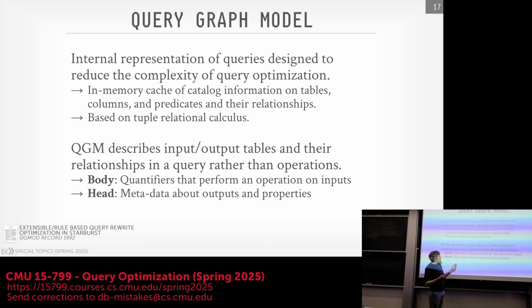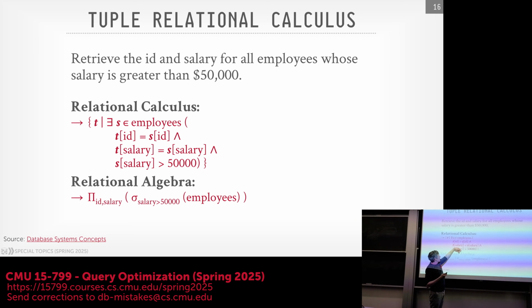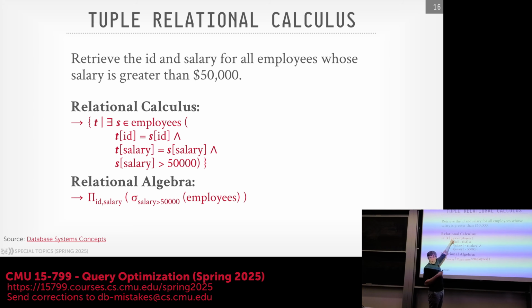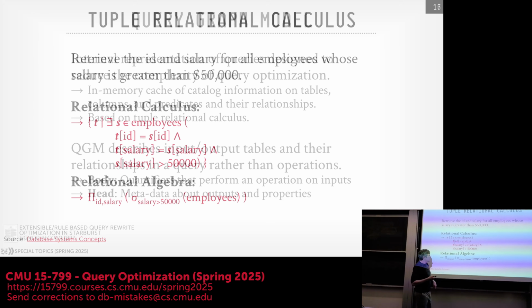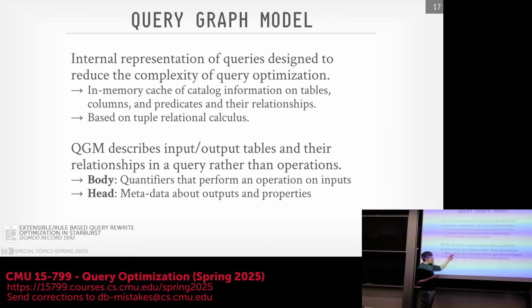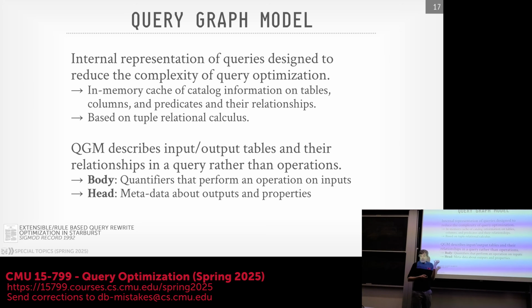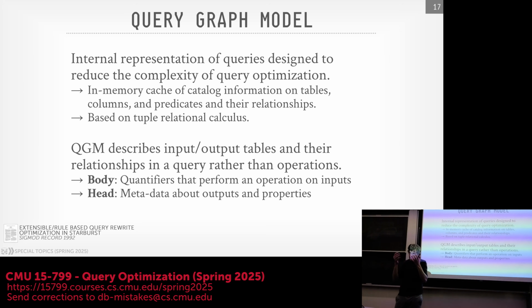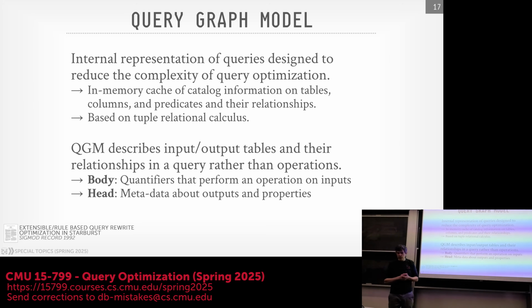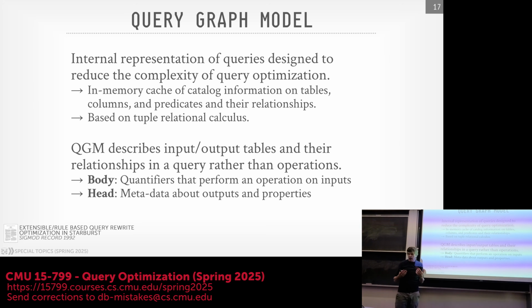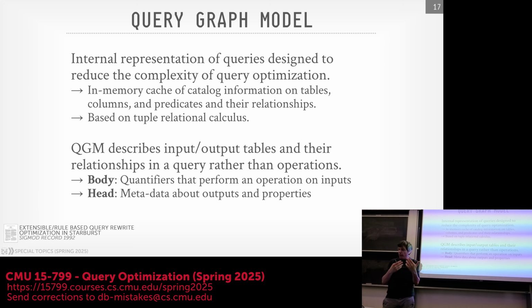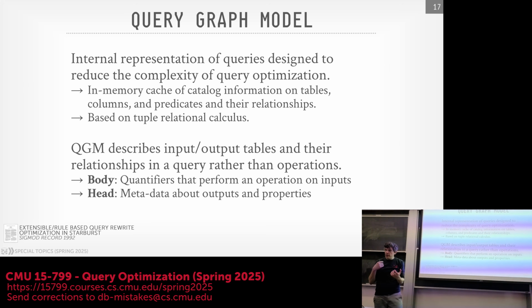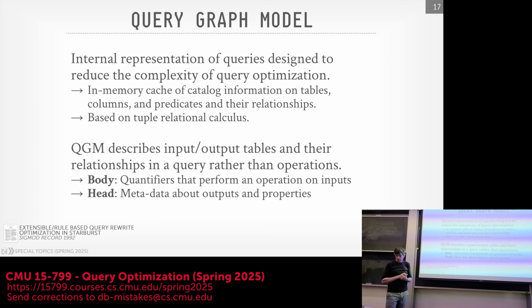Going back to my relational calculus, the quantifier is basically this: there exists a tuple T such that there's a tuple S that has these properties that get satisfied. So the body is going to define that piece, and then the head, for all these boxes in our query graph model, is going to keep track of the metadata about the output of that query box and the various properties about it.